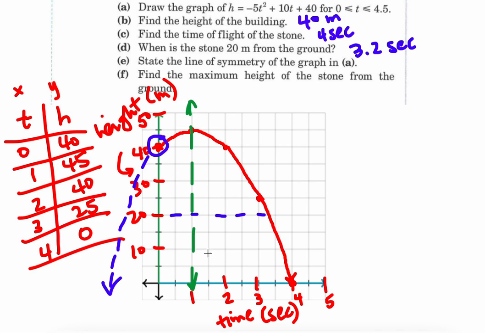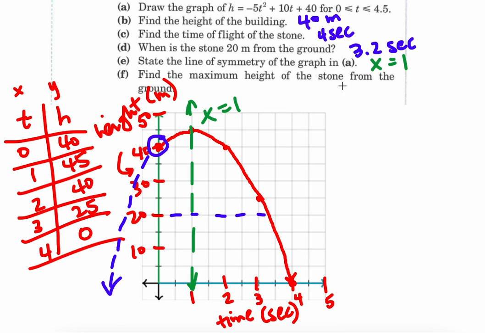So this line of symmetry is where x equals 1. Okay, so after 1 second, that's when the stone kind of changes courses. Instead of going up in the air now, gravity's taking over, and it's then changing courses. The rate of change, instead of increasing, is now decreasing.